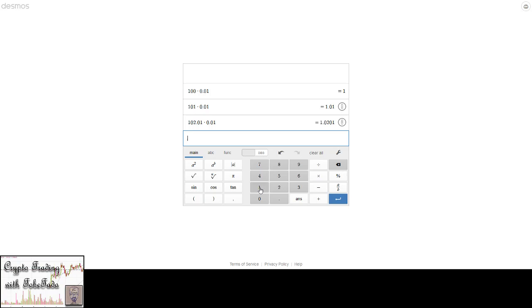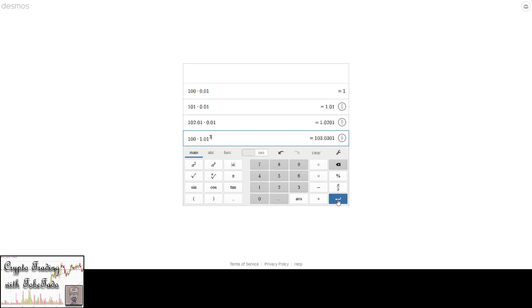basically by putting it into a formula for compound interest, which would be the start value, the amount of money you invest, so $100, and you multiply that by 1.01. This basically stands for 1 plus 1/100. So 1 plus 1% is 1.01, and you raise it to the power of 3.